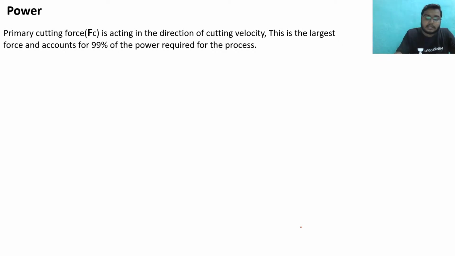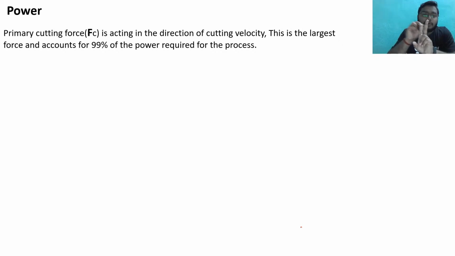Now today in this class, I'm going to introduce some of the key things, that is about the power. When we are machining, there are a lot of forces that come into play, as we have discussed earlier. Basically there are two types of machining.